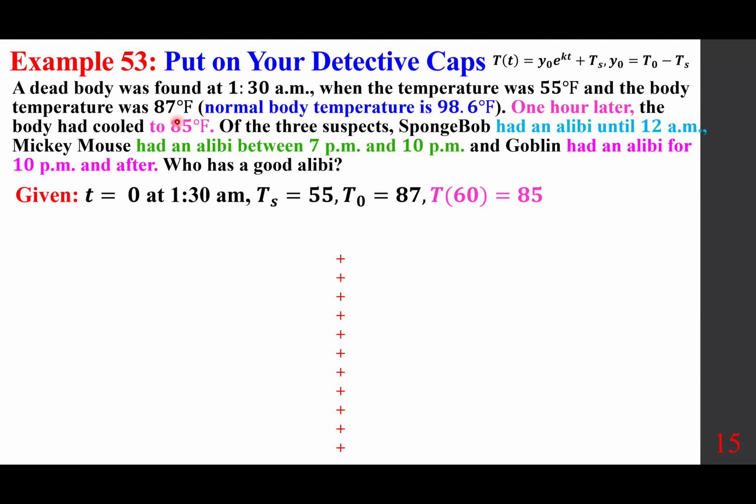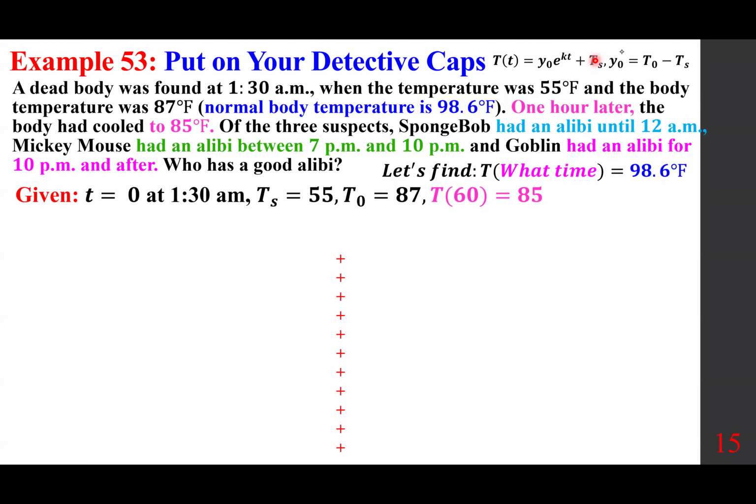So how do we deal with this? We are going to find out at what time it is supposed to be a normal temperature of 98.6. So let's find out, T of what time should be the normal temperature of 98.6?